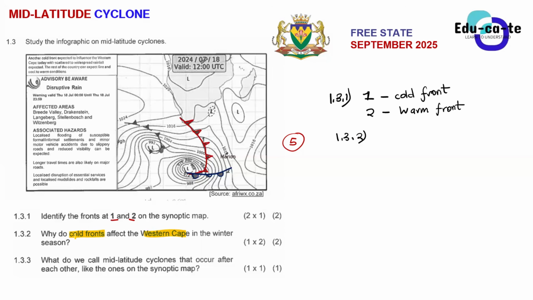That's also correct. Okay, this is a 1 for 2 marks here. You can elaborate further. This brings mid-latitude cyclones and the cold fronts over southern parts of South Africa. Okay, cool, correct.